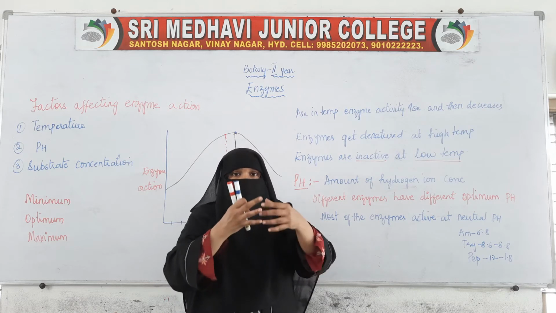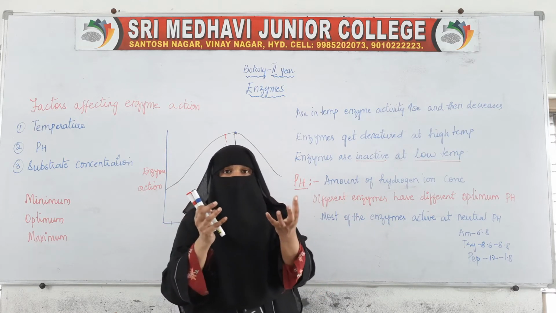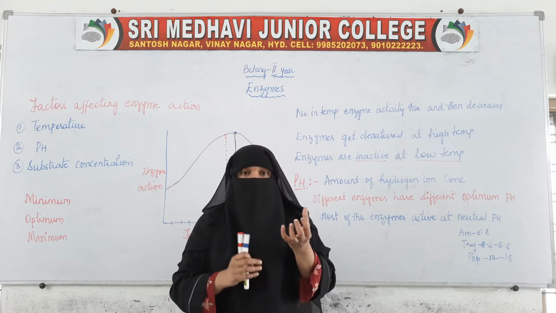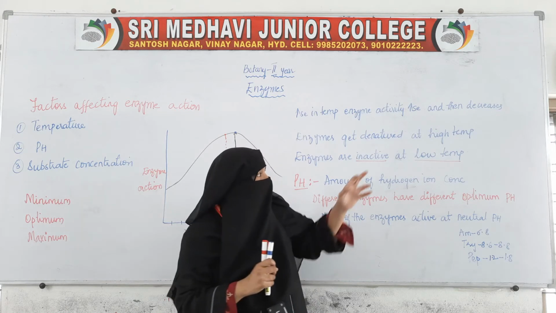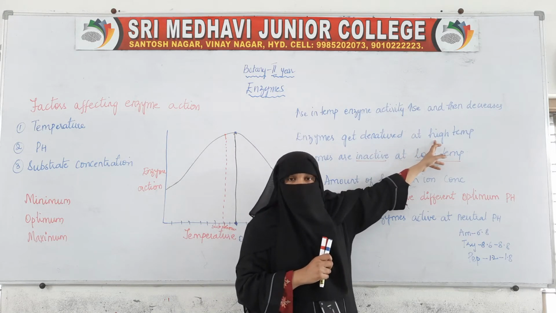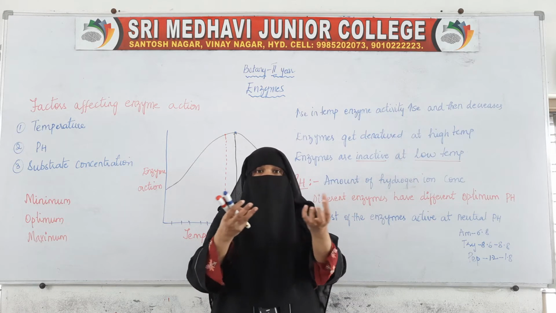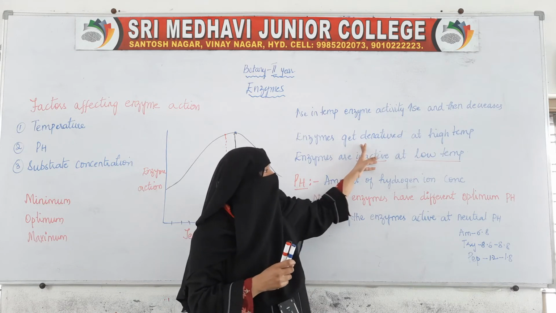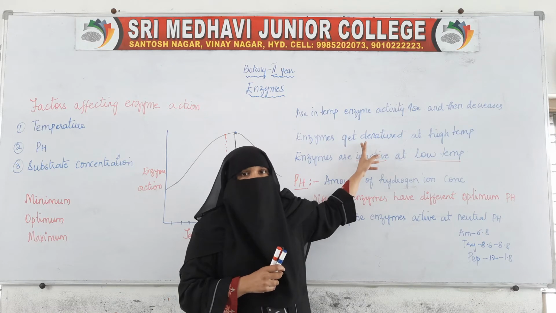When the bonds break, the structure will be demolished. Because of the bonds only the structure is intact, but with the breaking of the bonds, as the temperature is very high, the structure will be demolished, and when the structure is demolished, the enzymes get denatured.